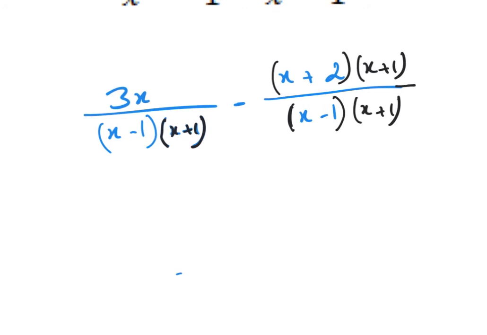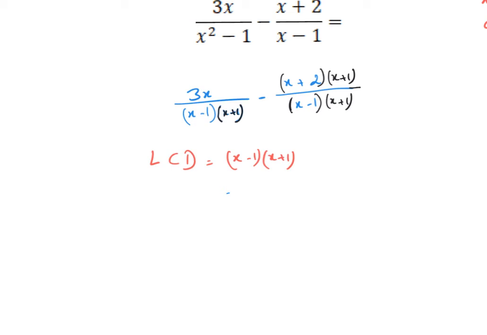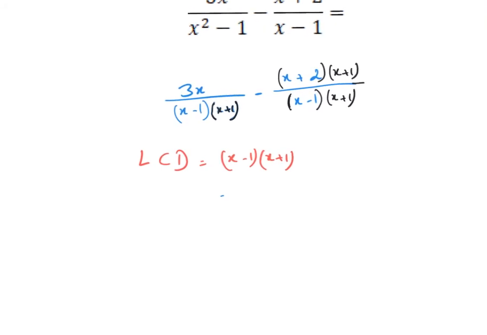So now we have our LCD. The least common denominator will be x minus 1 times x plus 1, right? So we're going to keep the same denominator here, x minus 1 times x plus 1, and we're just going to combine the numerators.